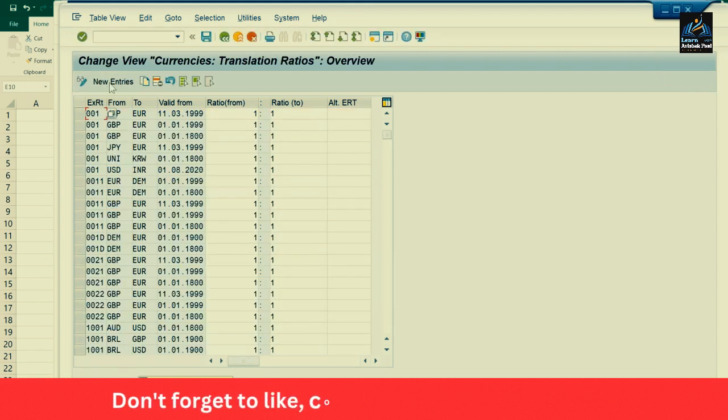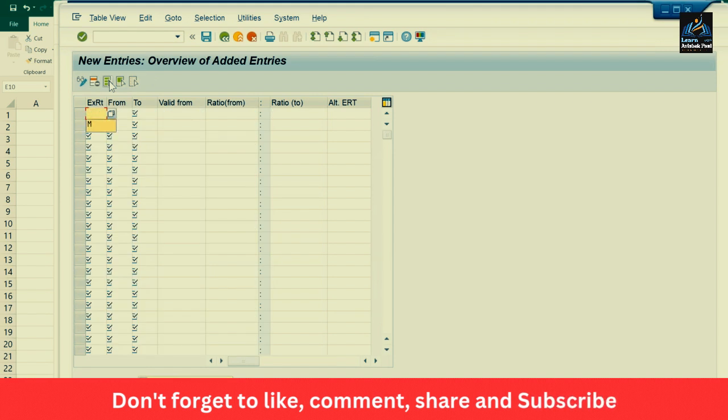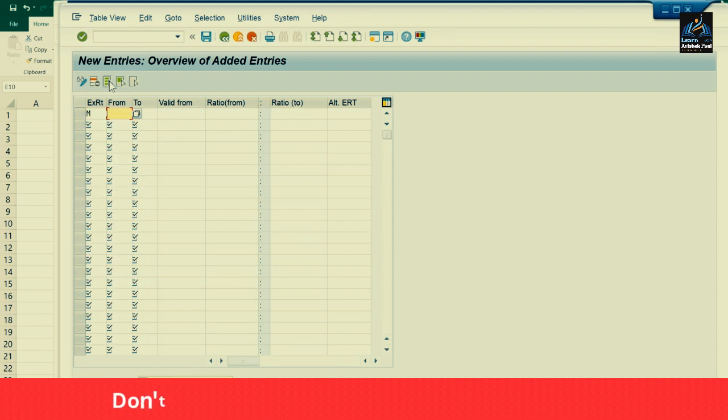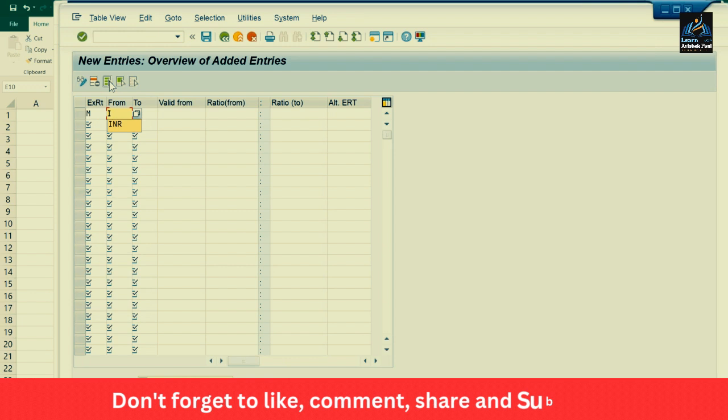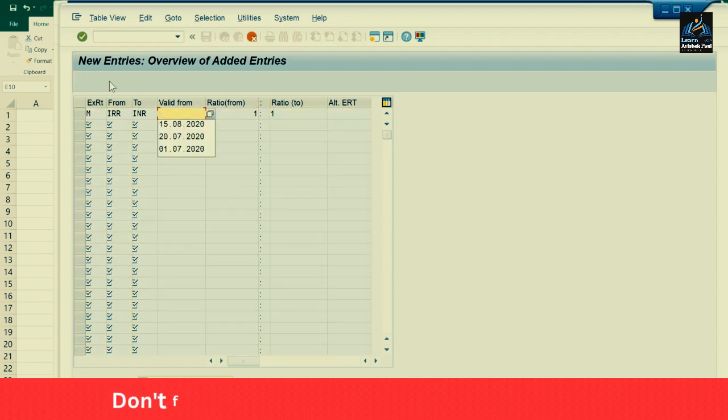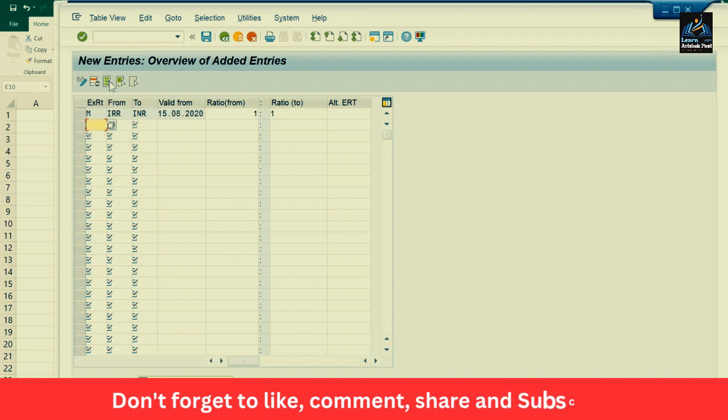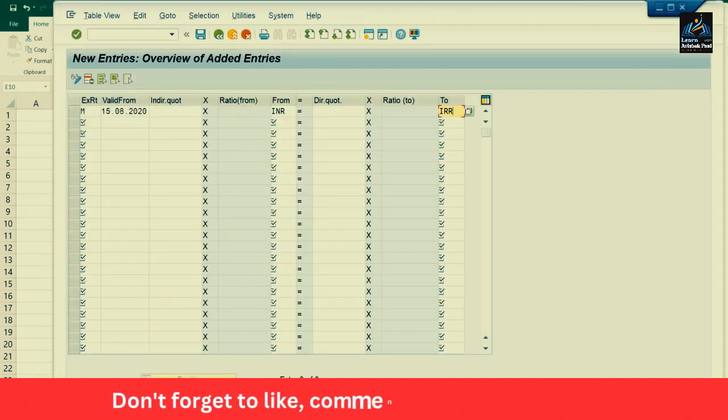So here maintain the rate like this, and here change it, from, let's suppose, foreign currency to local currency. We can give the ratio 1:1 with validity here. We can store it and save it. So now in this way I'm going to specify the rate. So here Iranian currency and here Indian currency.